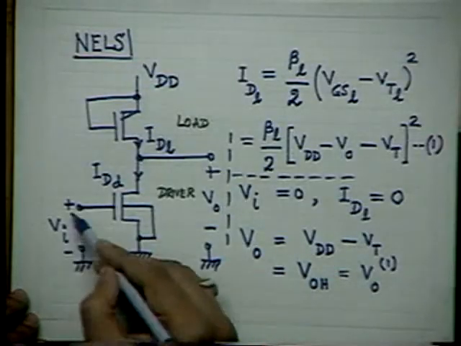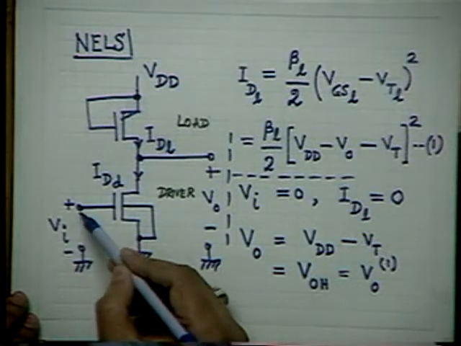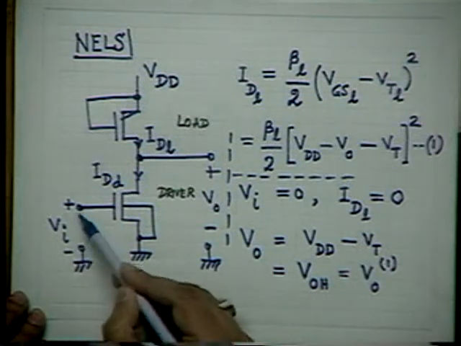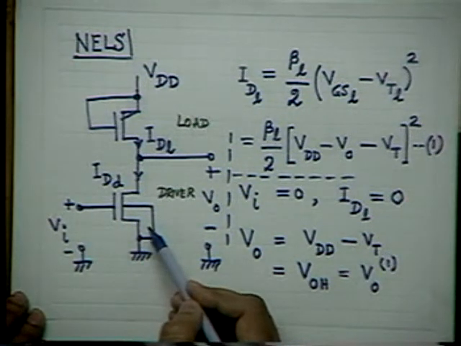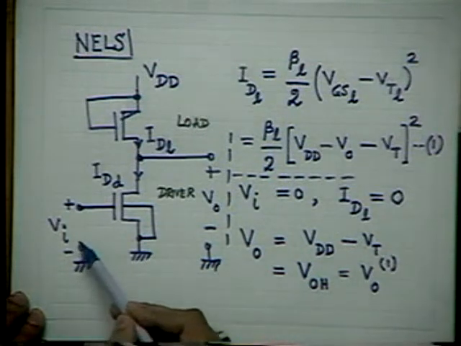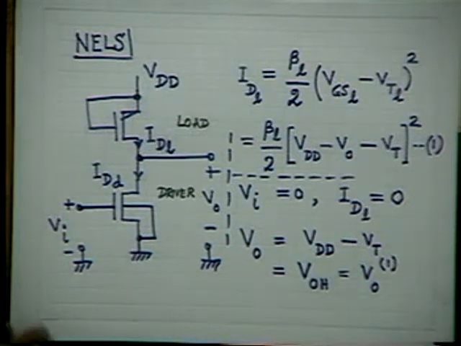Next, you again refer to this diagram. Here, what is VI? VI is nothing but VGS of the driver transistor. When VI is 0, the driver transistor is off, and the corresponding characteristic we can also draw. As you are increasing VI, the set of characteristics of the driver transistor will be traversed.